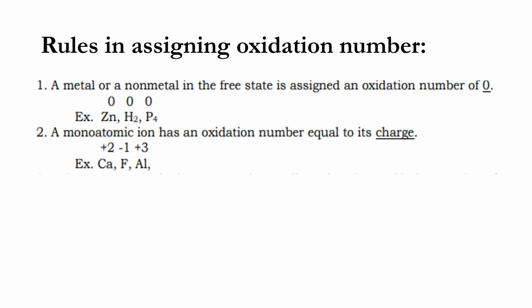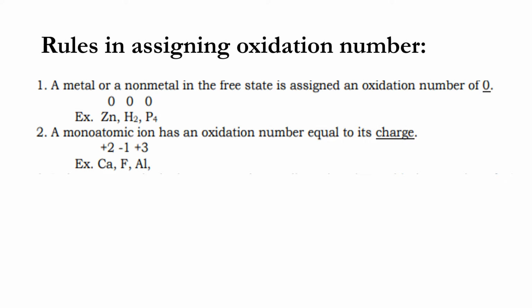0. Number 2, a monoatomic ion has an oxidation number equal to its valence number or charge. For example, calcium has a valence number or charge of positive 2, fixed charge of positive 2. So automatically, since this is a monoatomic ion, its charge or valence number positive 2 is the same as its oxidation number.